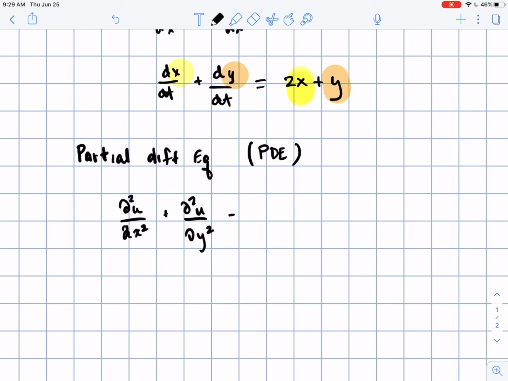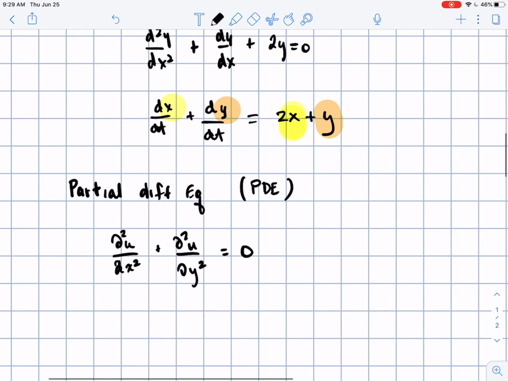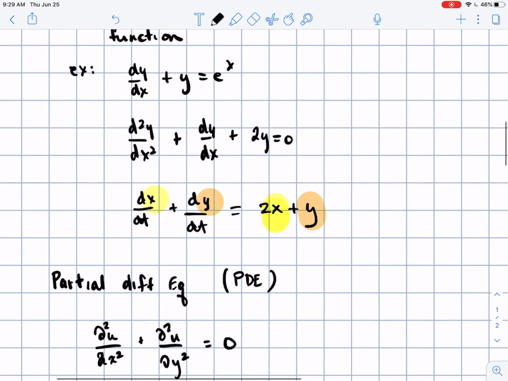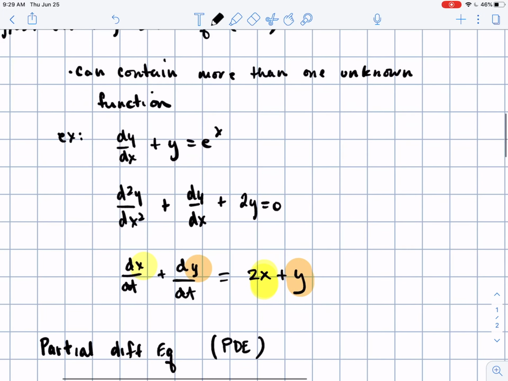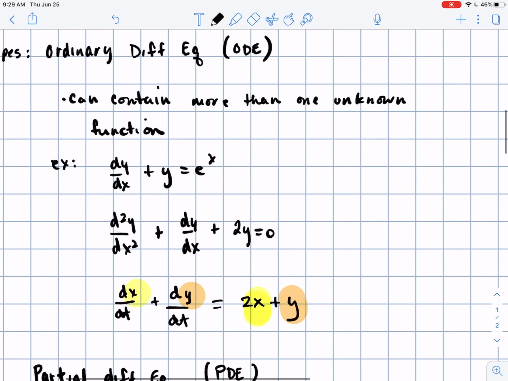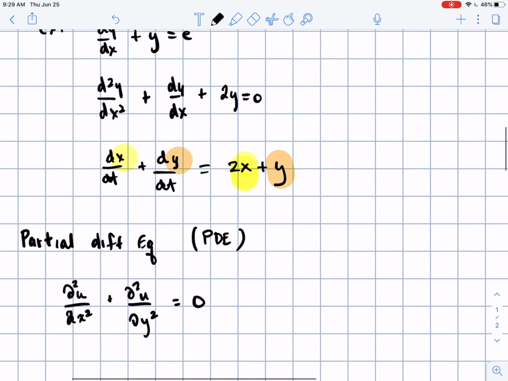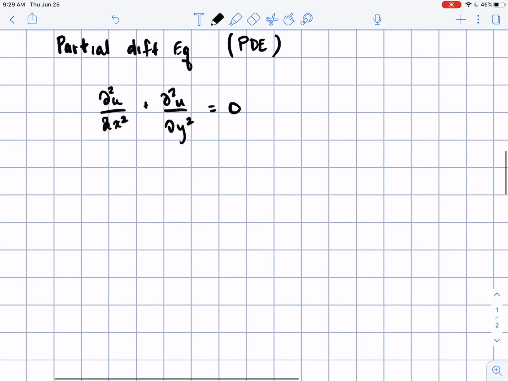But here you could see the notation with the partials. The PDE we don't see too much in the beginning of the course, but you will see the ordinary differential equations over and over again. So those are the different types.